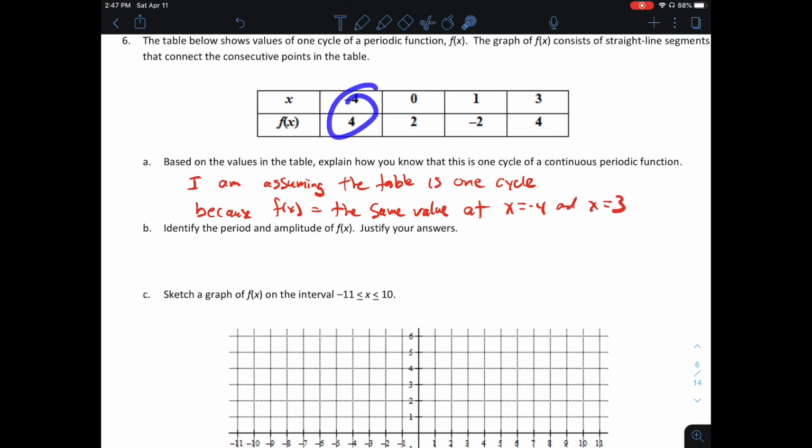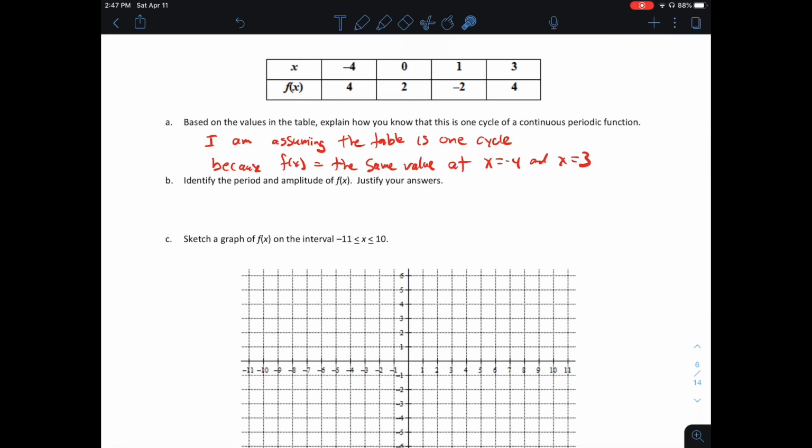At -4, it's equal to 4, and at +3, it's equal to 4. So I'm assuming this is the beginning of a cycle, this is the end of a cycle, then it repeats itself.